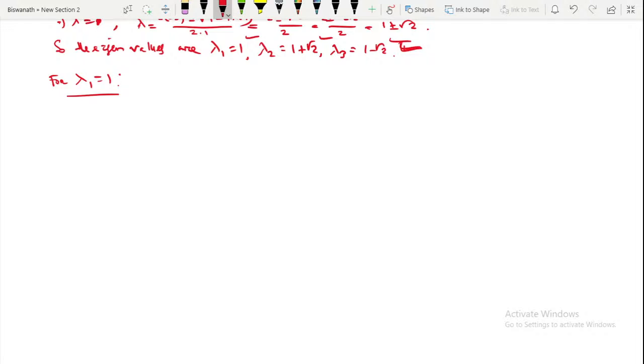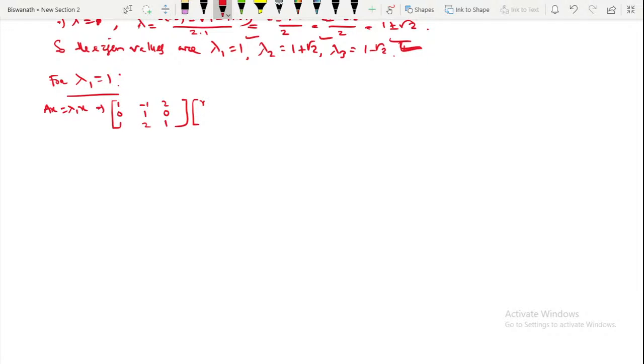So for eigenvalue lambda 1 equal to 1, our formula is Ax equal to lambda 1 x, and what is your matrix A? This is [1 minus1 2; 0 1 0; 1 2 1]. This is your matrix A.